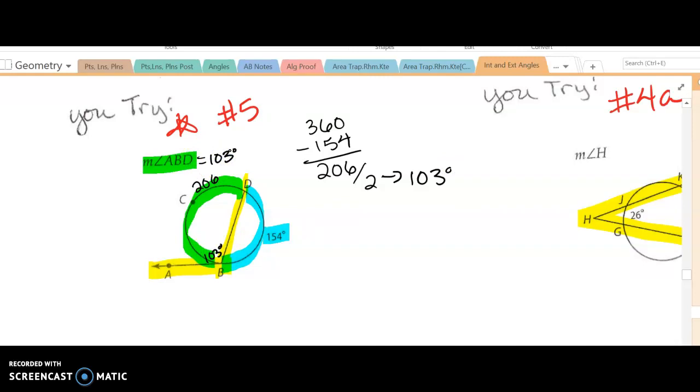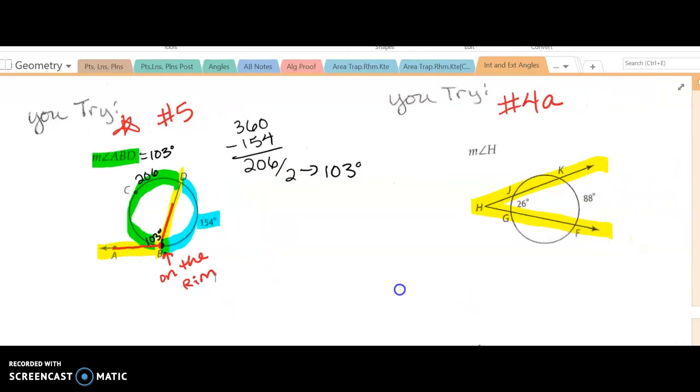So how did I know to use that strategy? An important thing to look for when you're trying to determine what strategy to use is where the vertex is. The vertex of this angle is on the rim. And remember, anytime the vertex is on the rim, you just take half of the arc.